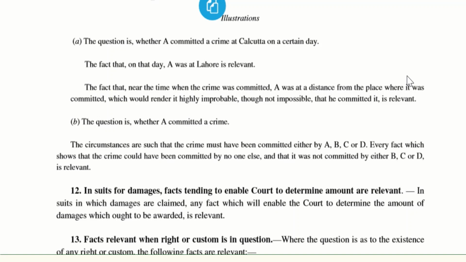Then the accused says that no, I didn't kill him, I was going abroad on a flight. Then this accused has to prove that he was not present there. To put it simply, if someone is saying that I was not present there at that time, it is the duty of the person who is claiming it to prove it.